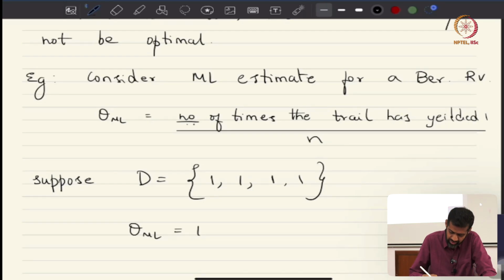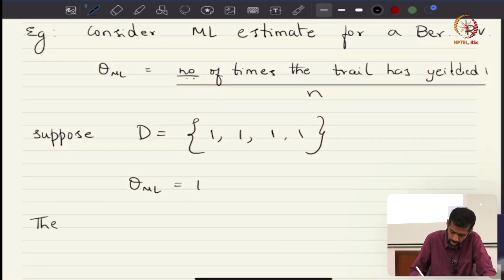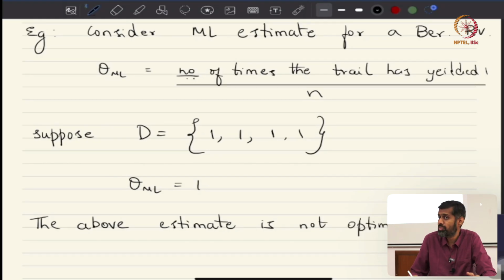So, let me write that. The above estimate is not "optimal". I am writing optimal within quotes because I have not defined what optimality is. Let us say that you are looking at the difference between the estimate and the true value in an expected sense.